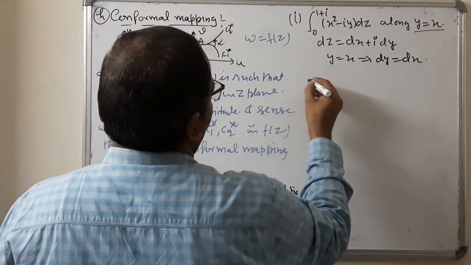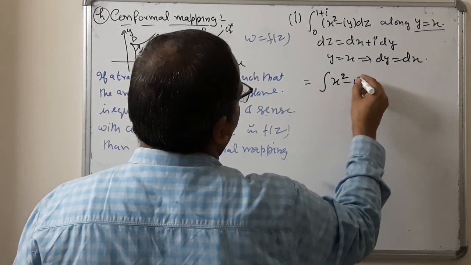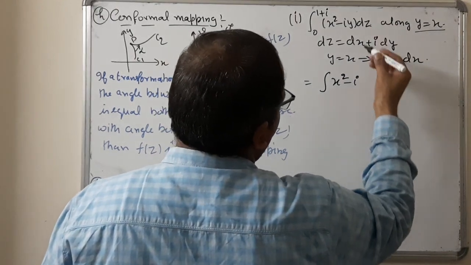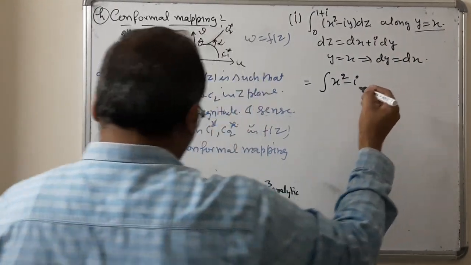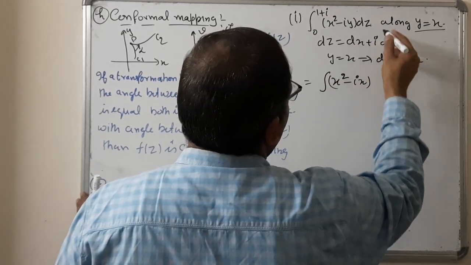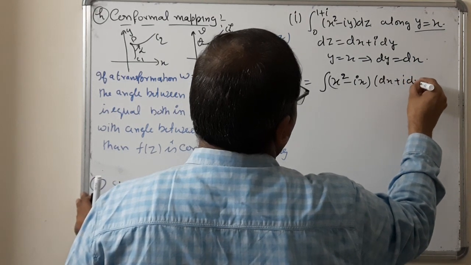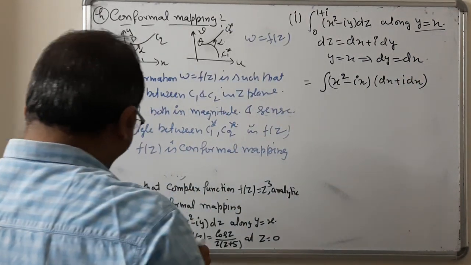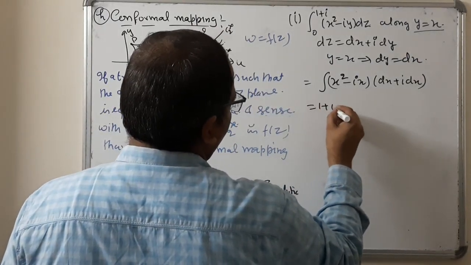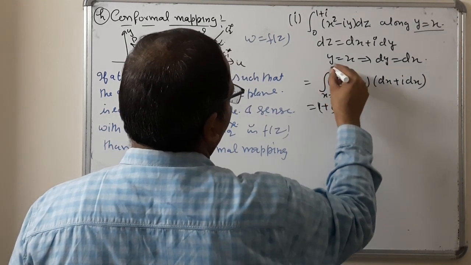Put the value here, we get the integration of x square minus i times y. What is the value of y? The value of y is x, and here you can write dz as dx plus i dx. Taking 1 plus i common, the limit is from x equal to 0 to 1.